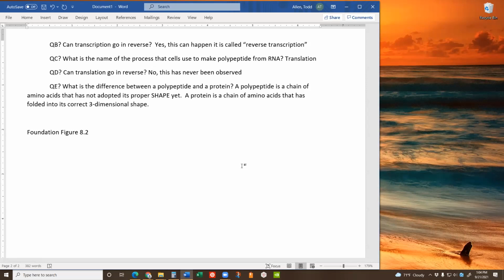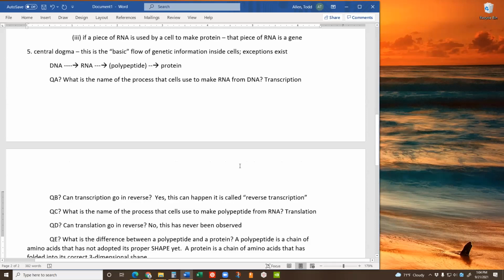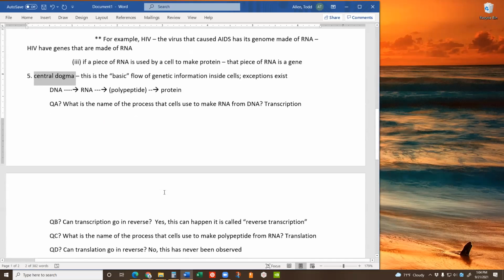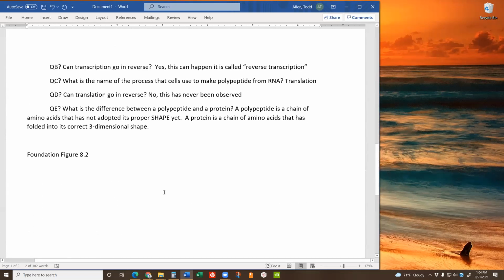Foundation figure here says the flow of genetic information. Okay, so we already did this with the central dogma. Okay, but they're talking about something a little bit different in Foundation Figure 8.2. Chelsea, thank you for the page number. Okay. They're talking about expression, recombination, and replication.